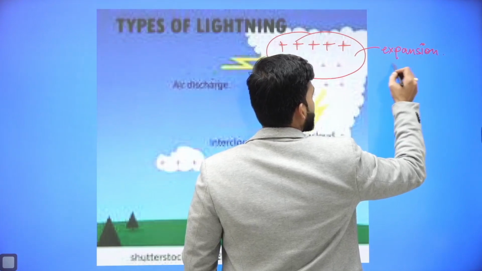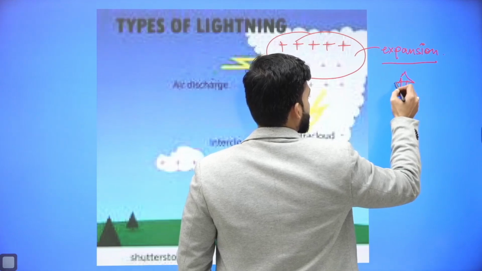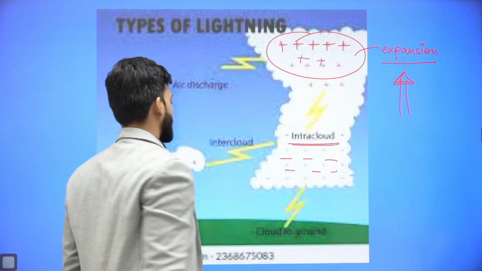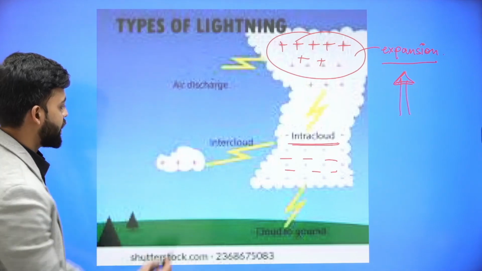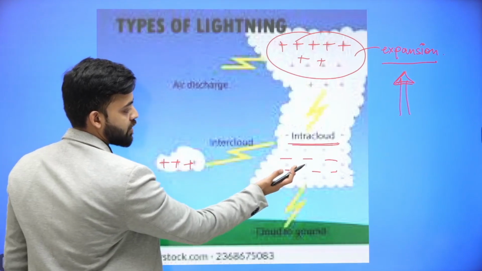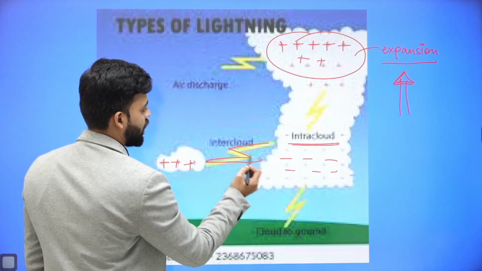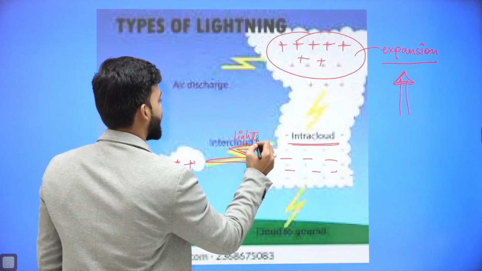As we move upward, there is a tendency to expand, and clouds expand and hence positive charge. Now there is also intercloud thunderstorm when there is difference in charges. Suppose this cloud carries positive charge and this cloud carries negative charge, so there will be intercloud lightning.